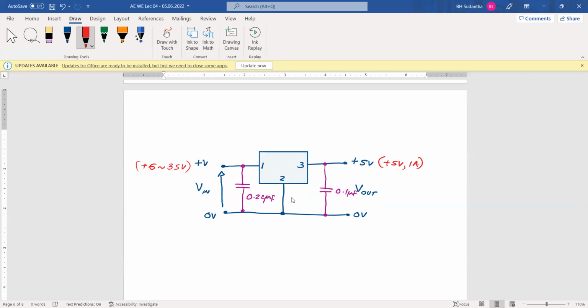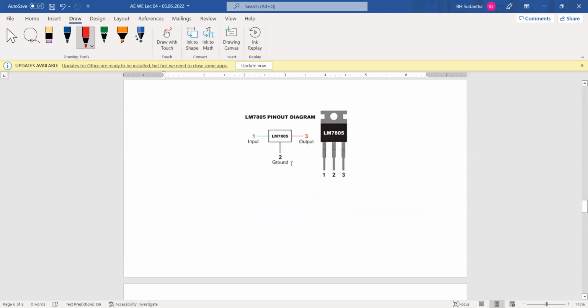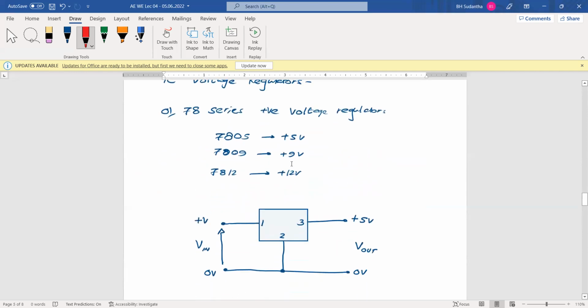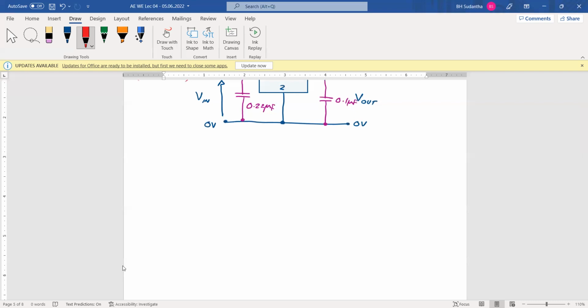And like this one, then we have negative regulator ICs also. The 78 series is the positive voltage regulator, and the 79 series, they are fixed negative voltage regulators.